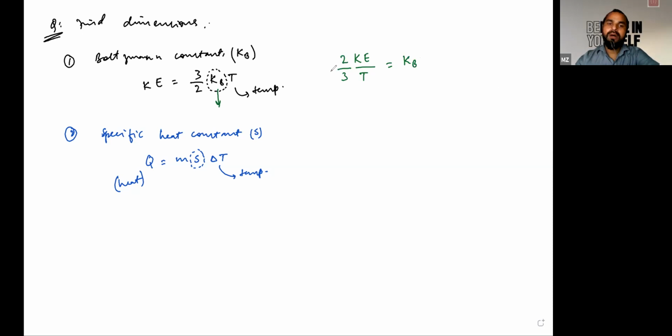Now 2 and 3 are numerical values, so they are unitless and dimensionless constant terms. So just neglect them. This is your kinetic energy and it has the same dimension as energy, work done, heat or torque, as we have done in our last class. Similarly, T is temperature here and it has dimension formula as capital K. So put the dimension and rearrange them to find the dimension of Kb.